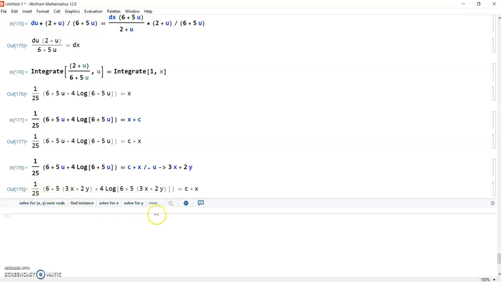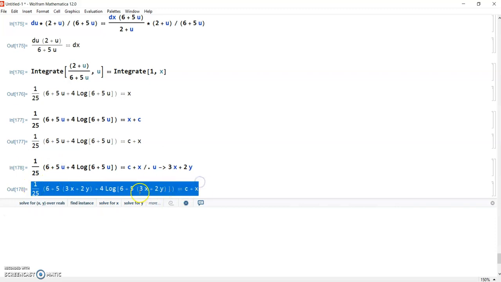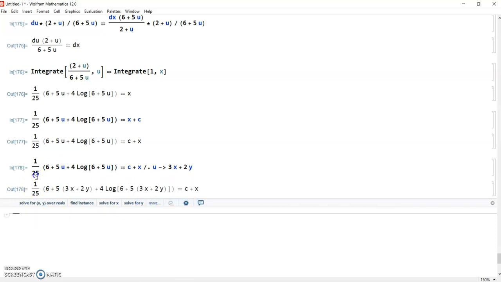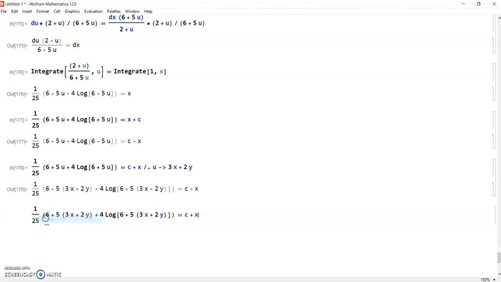And in this case, the term over here, 6 divided by 25, is a constant. So this constant can be combined with this constant. Okay. So what I can do is manually remove this term from here. That means I can manually remove 6 from here. So now there will be no other constant term. So that will be considered included in this value of c.